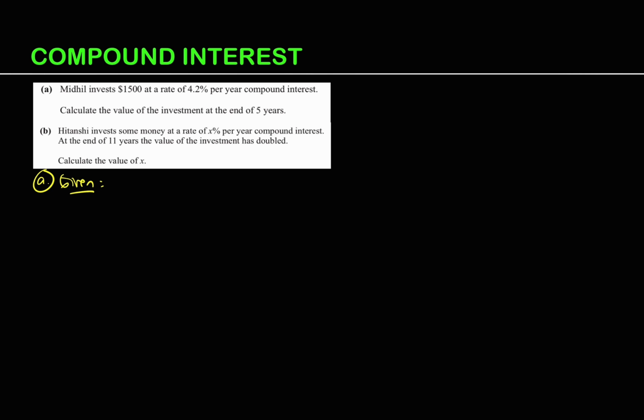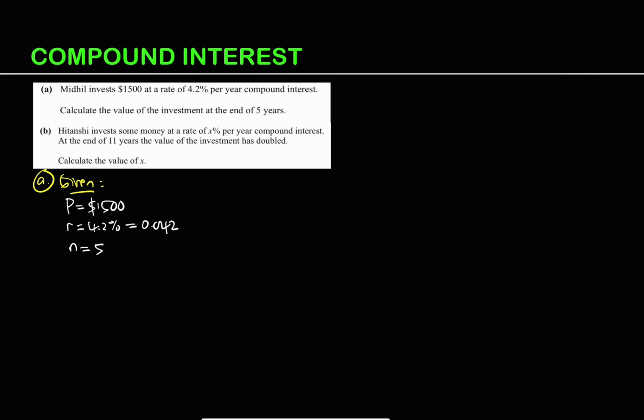Say that the initial or principal value equals $1,500, and then we have the rate 4.2% or 0.042, and then n equals 5.